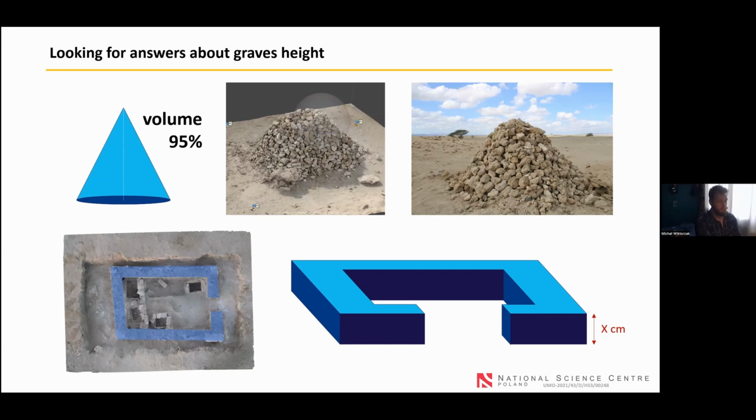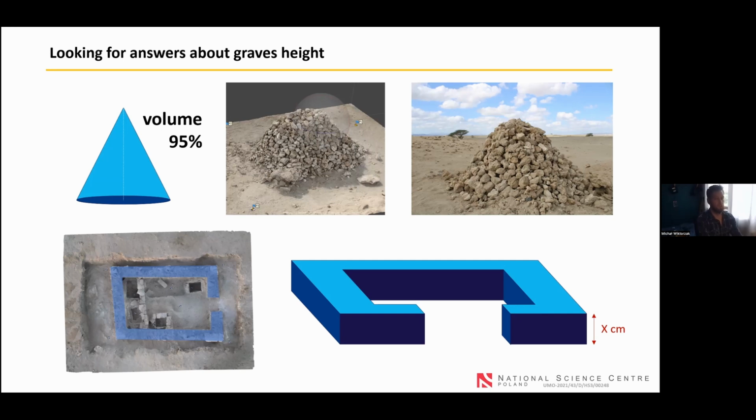Unfortunately, our result was that there was not enough rubble to build a wall higher than 30 centimeters from the state that we were in. So it means that this rubble was eroded, or the graves weren't as high as we could imagine.